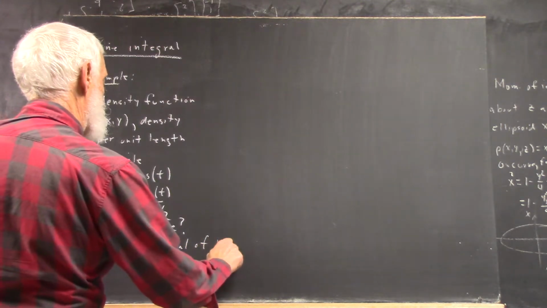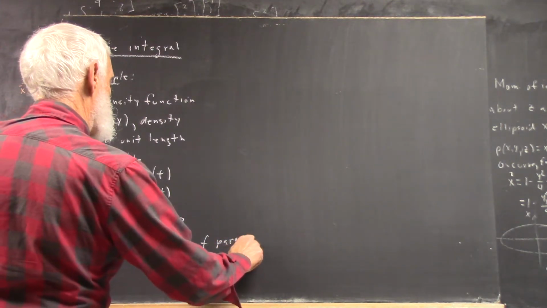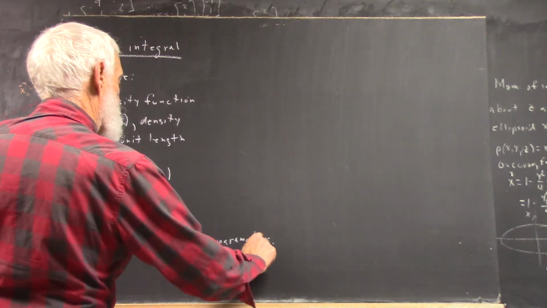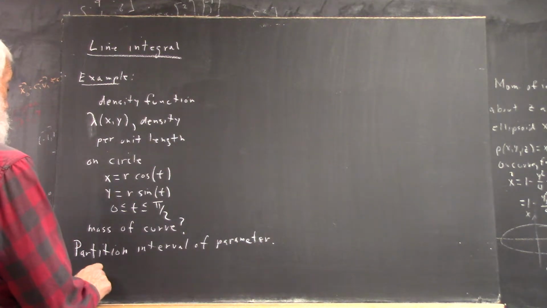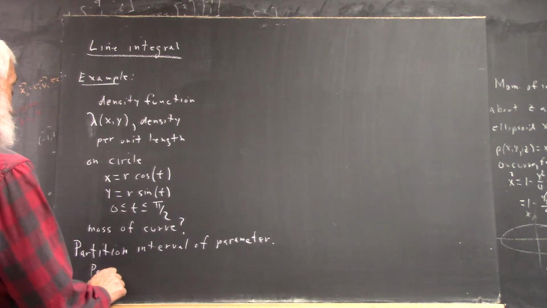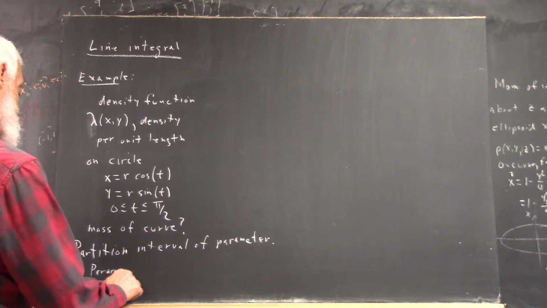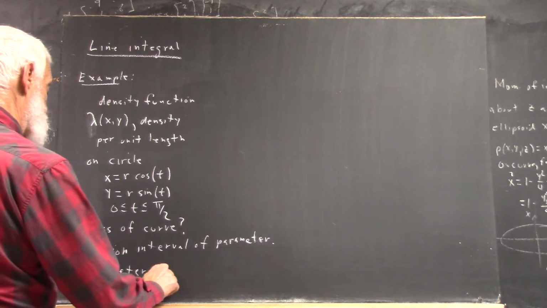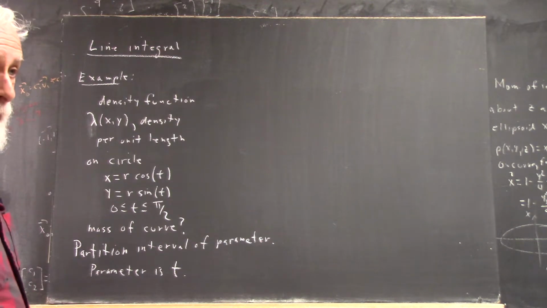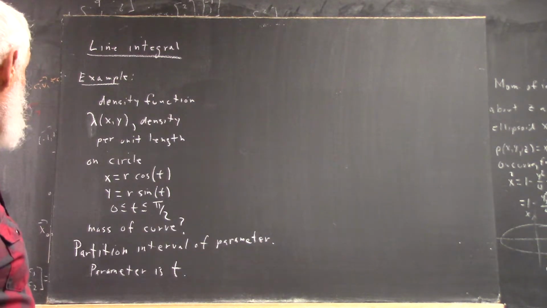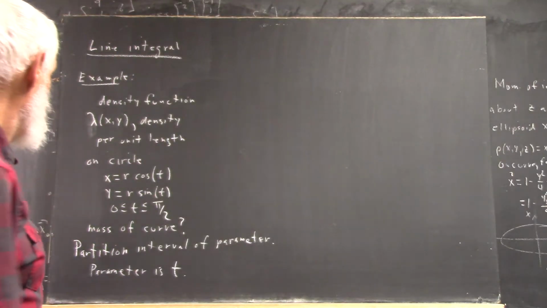So I'll just say we partition the interval of the parameter. Now we'll note that the parameter in this case is t. So now we have the partition.